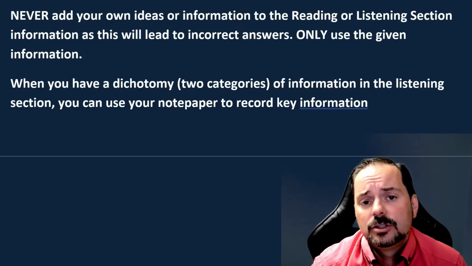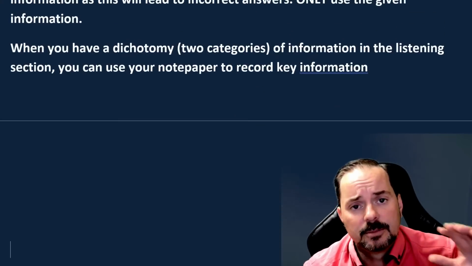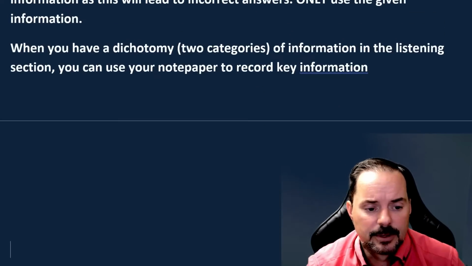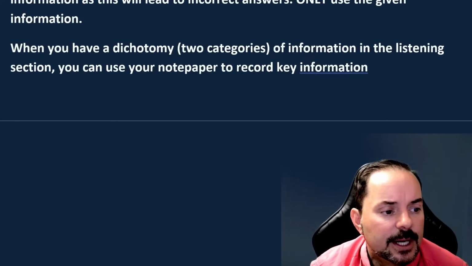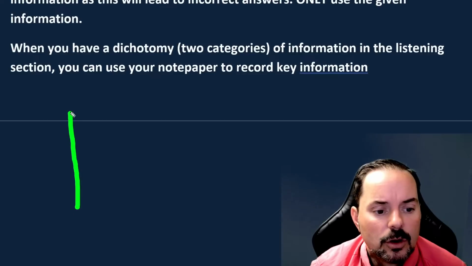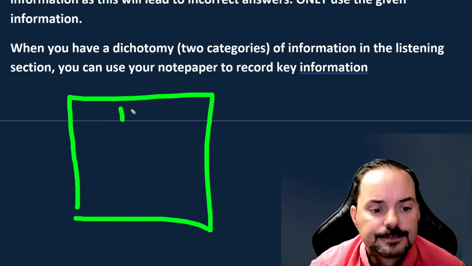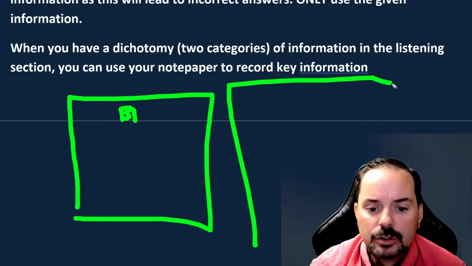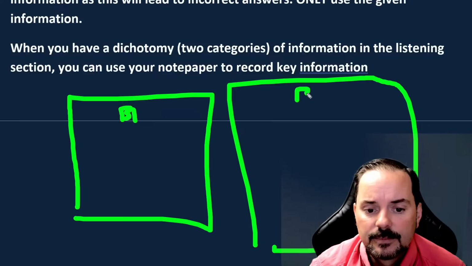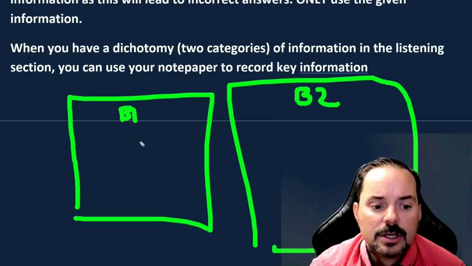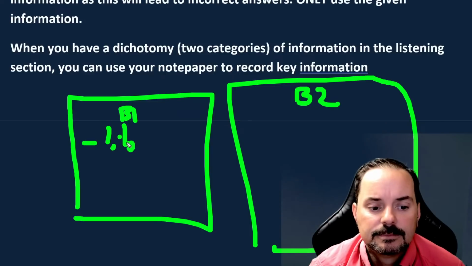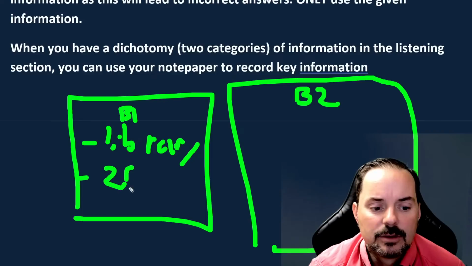So what I might do on my note paper here, and in the computer-based exam you have a piece of paper, is I might draw 2 books. So I might go, okay, book 1, book 2, especially if I can see that there's quite a bit of information. Okay, so library, £20.